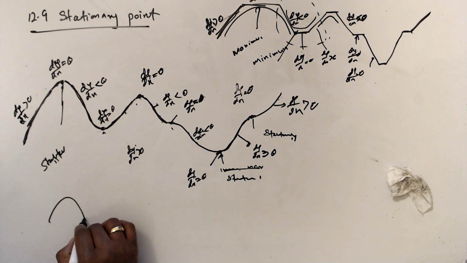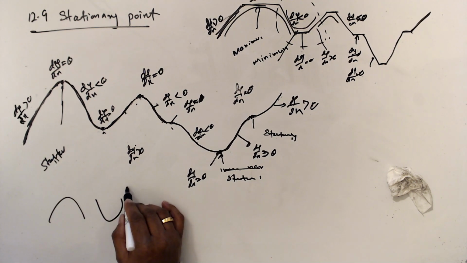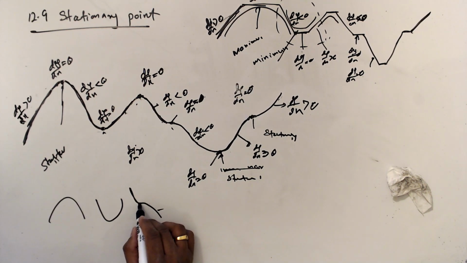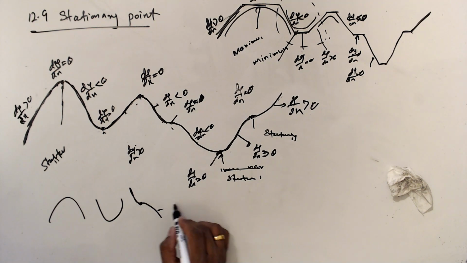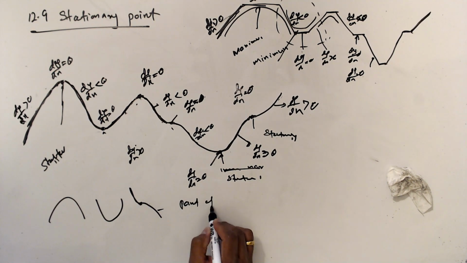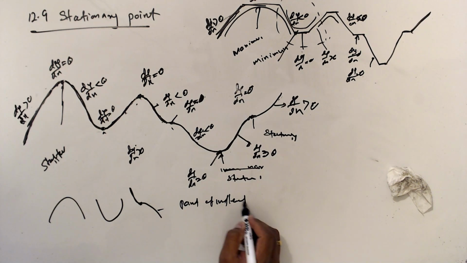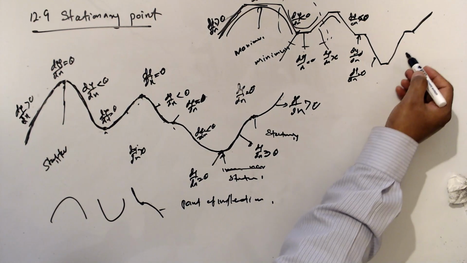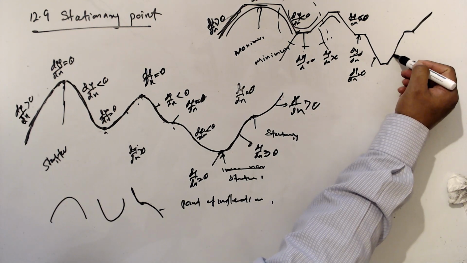It's not like this and it's not like this. That point is going to be something like this. So this is called a point of inflection. And you can see here also a point of inflection.